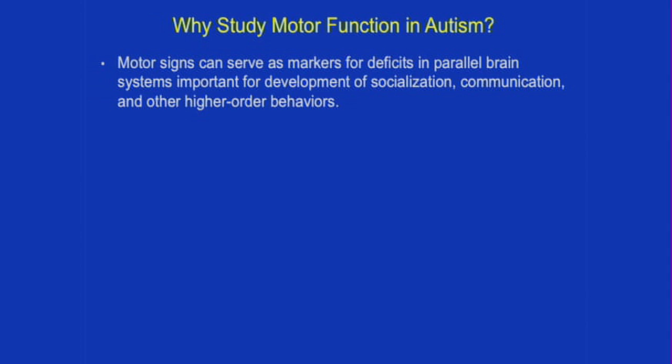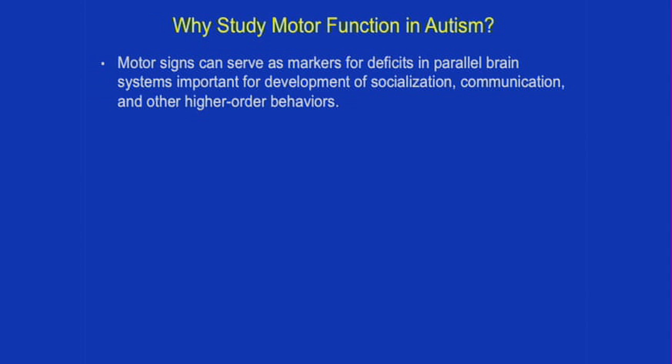I talked about, with my amoeba example and then outlining some circuitry in the brain, that there are these parallel systems that are important for various hierarchical representations of actions necessary to everything from very simple behaviors to more complex behaviors. This is really crucial in a developmental context because these things are developing in parallel.